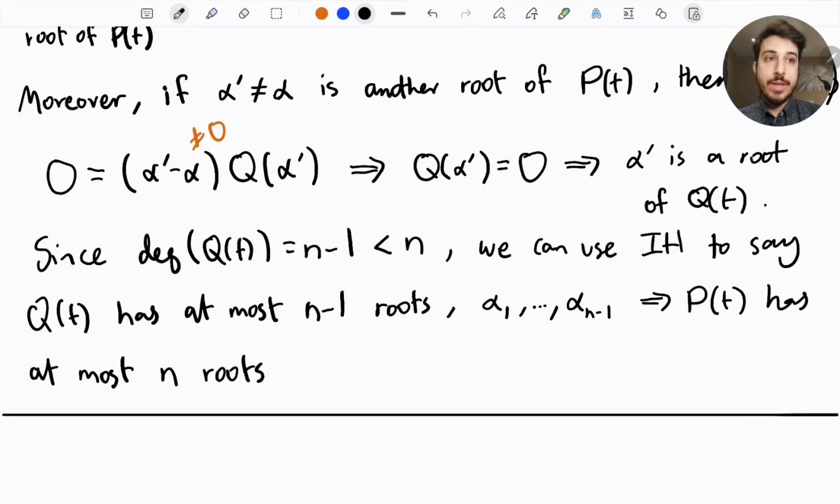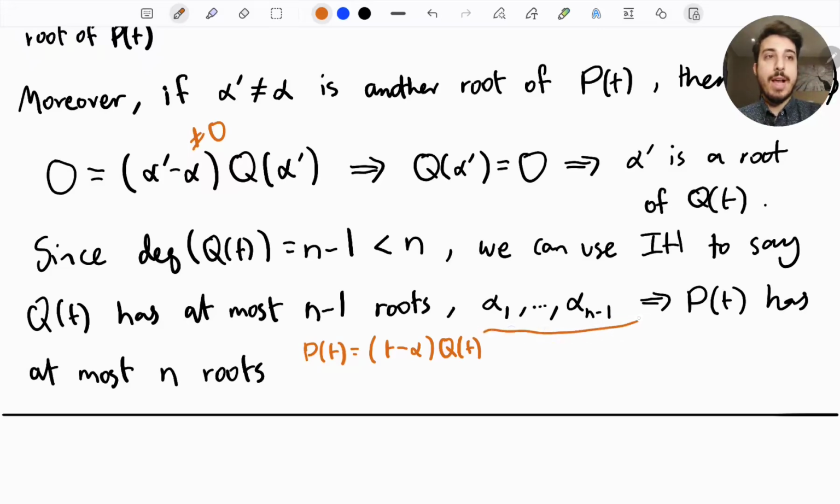Well, we know that alpha 1 to alpha n minus 1, because they're roots of Q, have to be also roots of P, because P(t) is equal to t minus alpha times Q(t), right? Remember, the R(t) is equal to 0. So if Q(t) is equal to 0, 0 times anything is 0, then P(t) is equal to 0. So any root of Q(t) is a root of P(t).